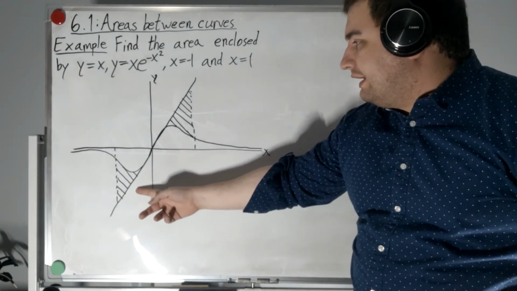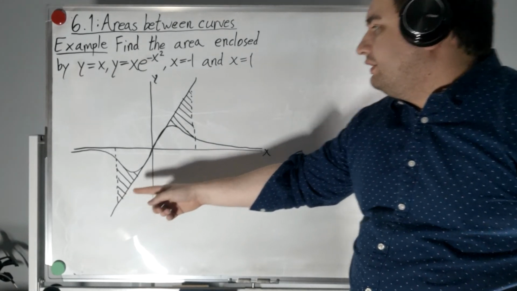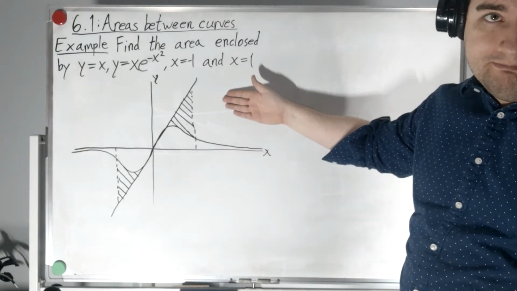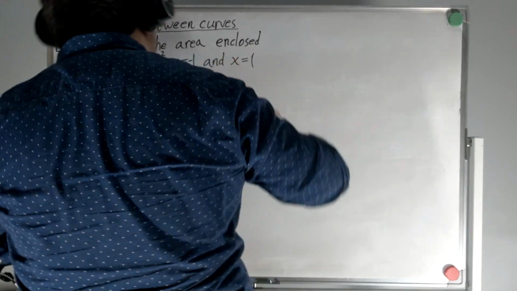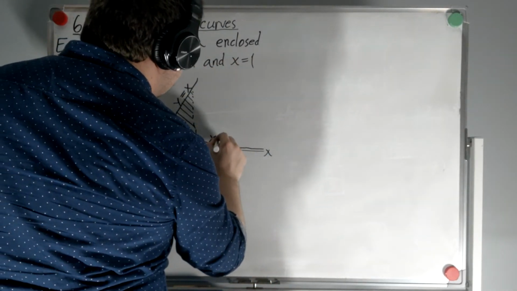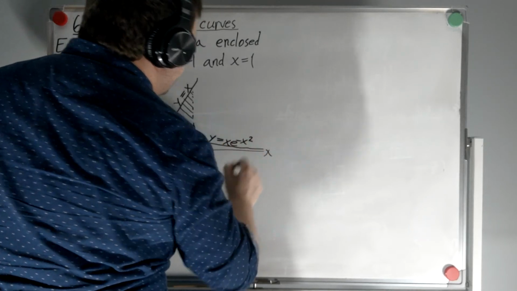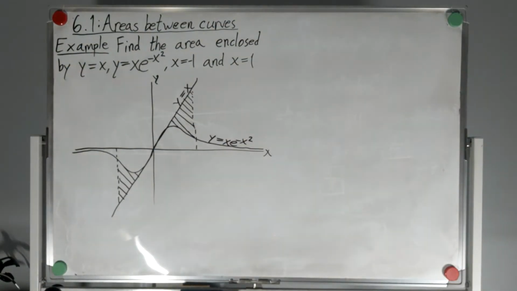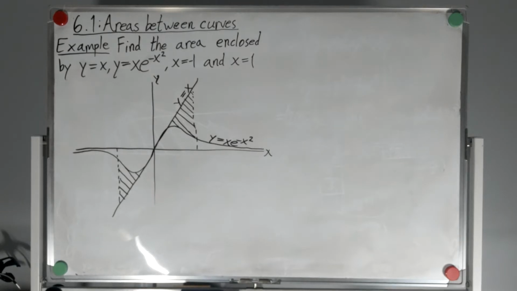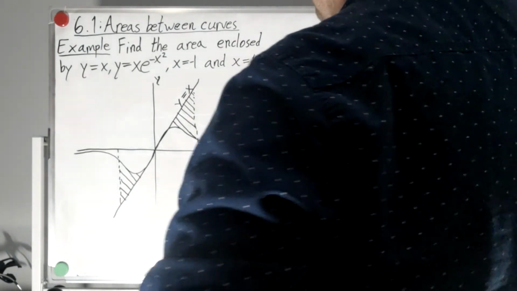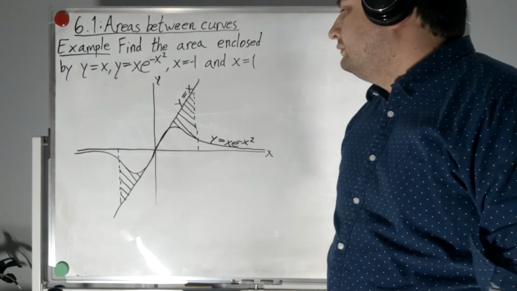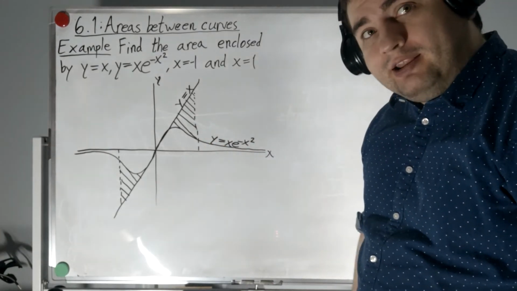On the left side of the y-axis, the lower function is y equals x, but on the right side of the y-axis, it's the upper function. Again, just gonna label these really quickly so that we are all on the same page. So which one is on top and which one is on bottom is changing depending on the value of x. All right. Well, that's actually no problem. We can handle that. All you've got to do is figure out the area of this region and the area of this region, and then add them together.